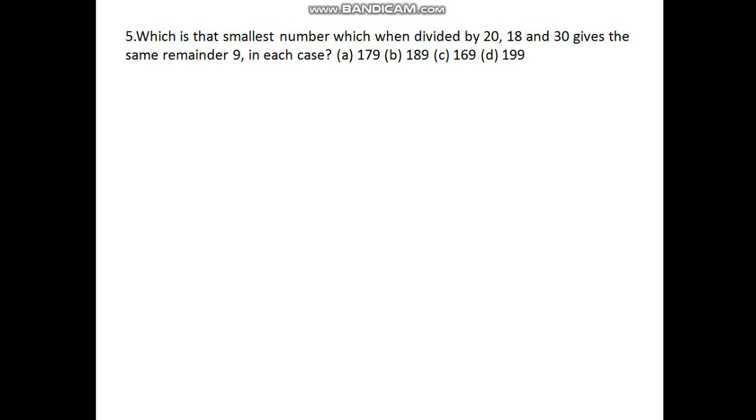Next, what is the smallest number which when divided by 20, 18 and 30 gives the same remainder 9? So for doing that, we have to take the LCM of 20, 18 and 30, and that is 180.